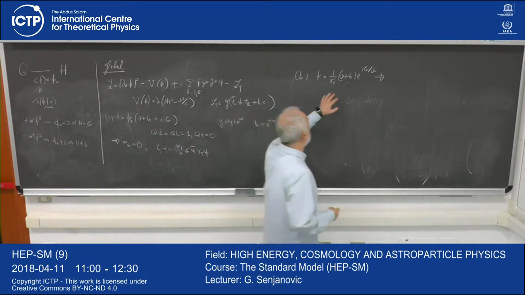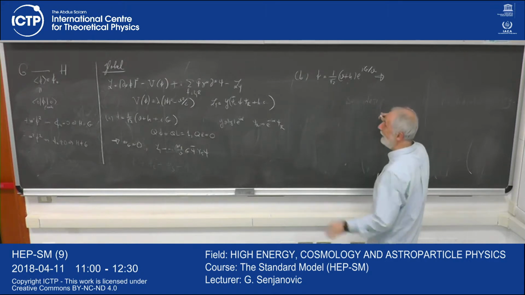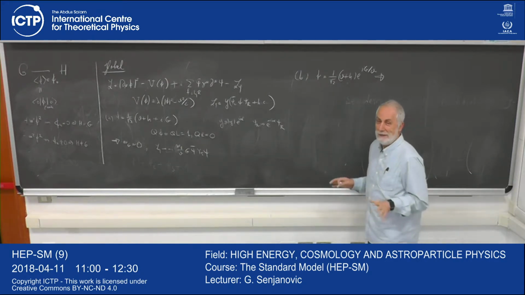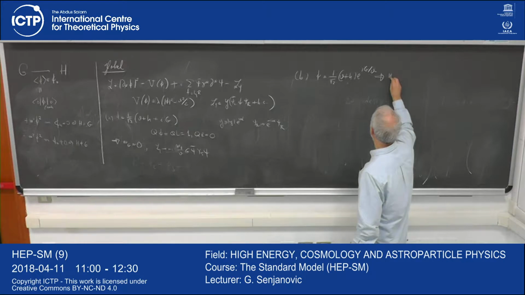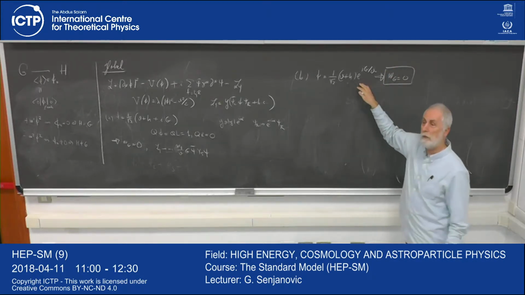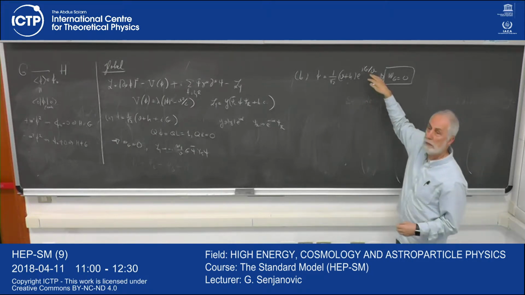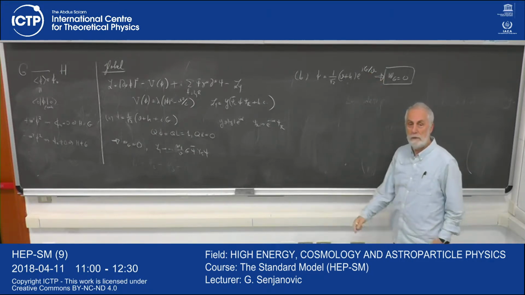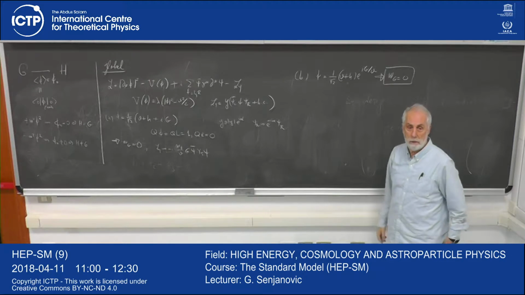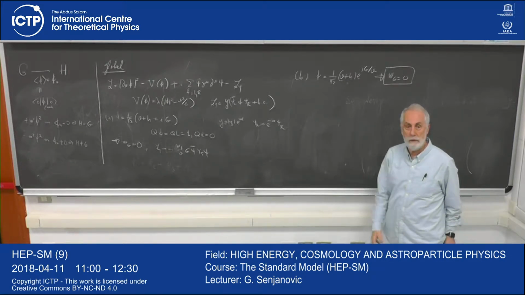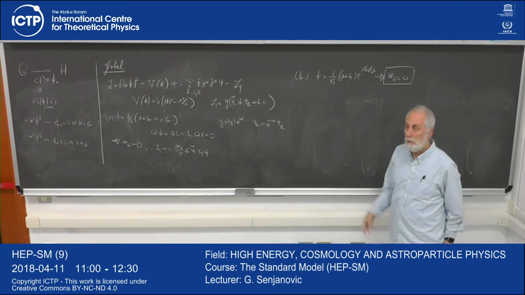I can't do that here. I don't have a gauge freedom, but still somehow the potential doesn't know that G exists. So you can immediately write that mg is 0. You don't have to compute anything. See why this can be useful in a complicated situation if you generalize this. You will immediately read off the number of massless particles. But of course the guy exists.